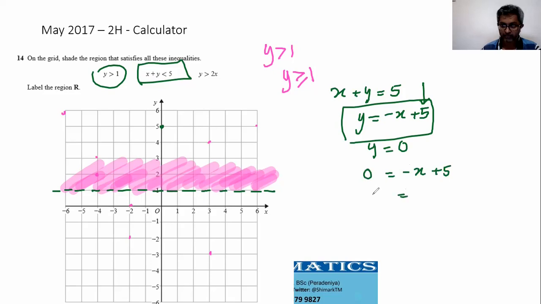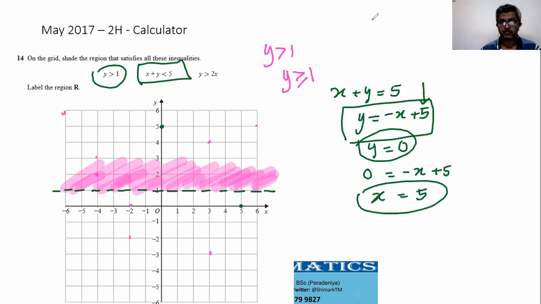Moving x to the other side, x equals 5. So when y equals 0, x equals 5. Mark that point here. These two points I need to connect. Then I can draw my graph.